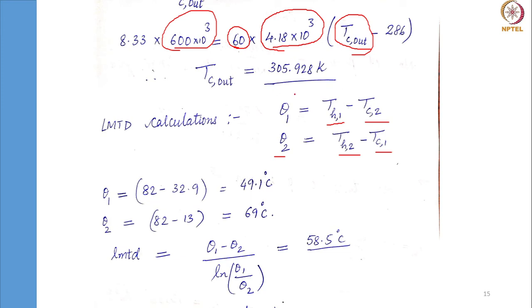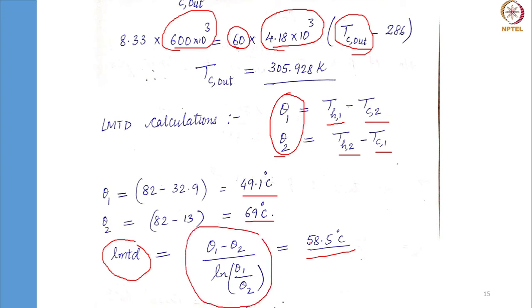Once we find theta 1 and theta 2 values as 49 and 69 respectively, the LMTD comes out to be 58.5 degrees Celsius. We know this formula from day 1. So we get an LMTD of 58.5 degrees Celsius. Is everyone clear till this point?